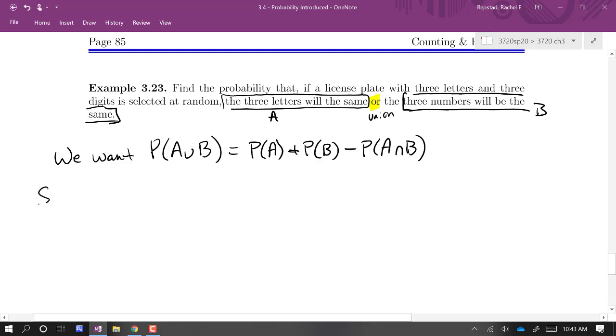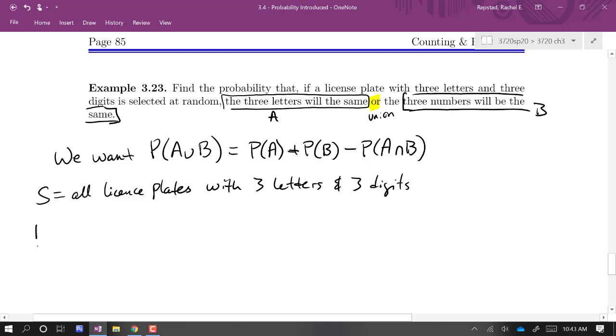So our sample space, that'll be important here, is going to be all license plates with 3 letters and 3 digits. So the size of the sample space, now we can repeat letters, like it's okay to have AAA as the 3 letters on the plate.